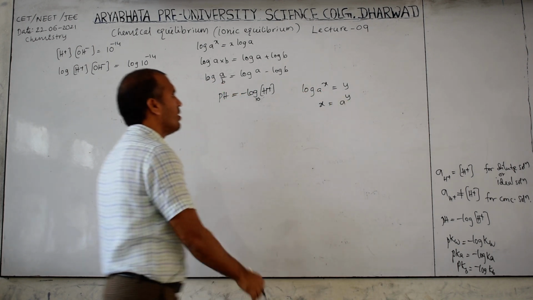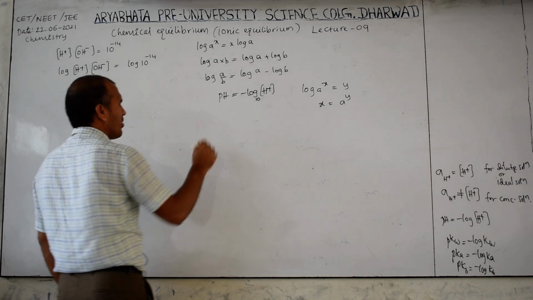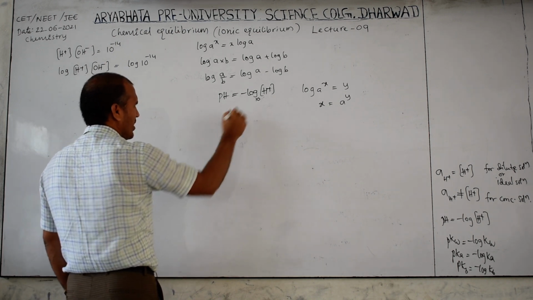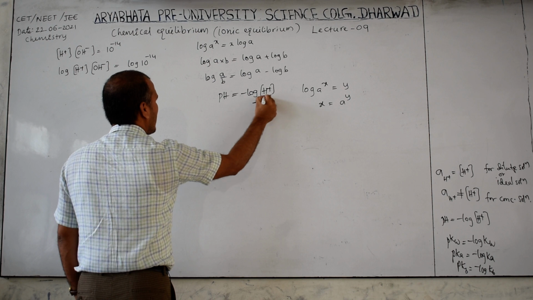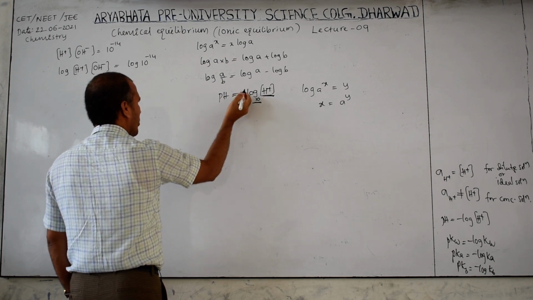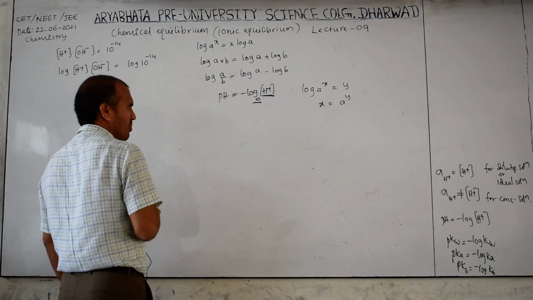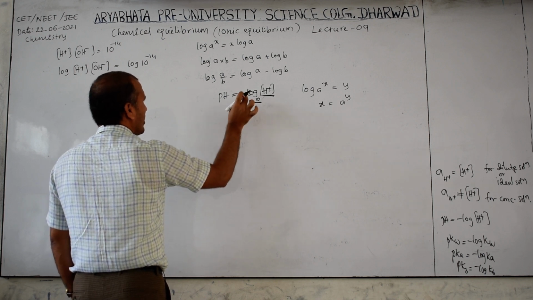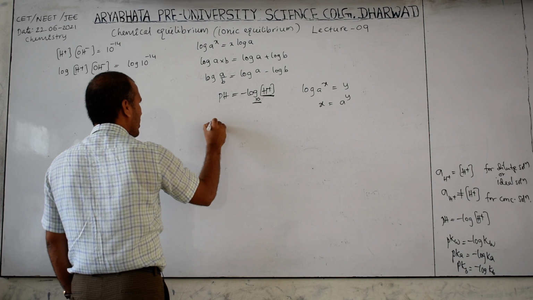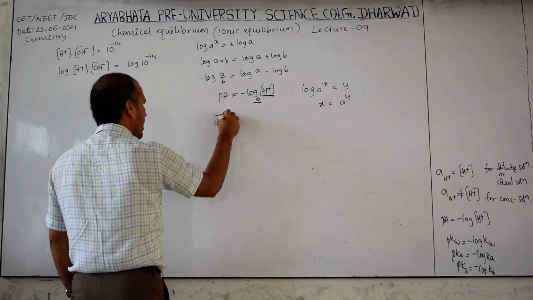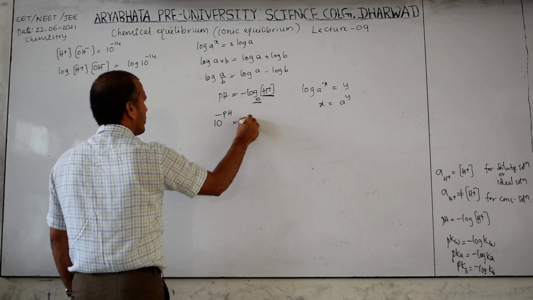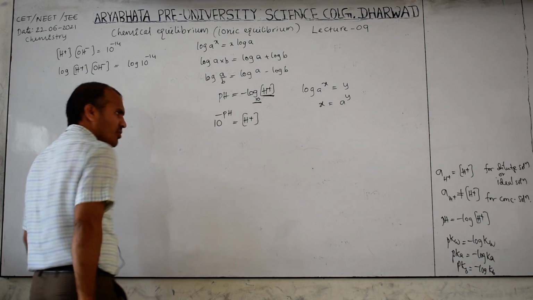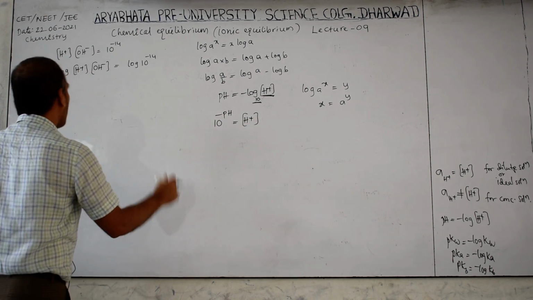So taking the minus on the left side, minus pH. Therefore this can be represented as 10 power minus pH is equal to H plus ion concentration. So this formula is also very useful, you have to remember.